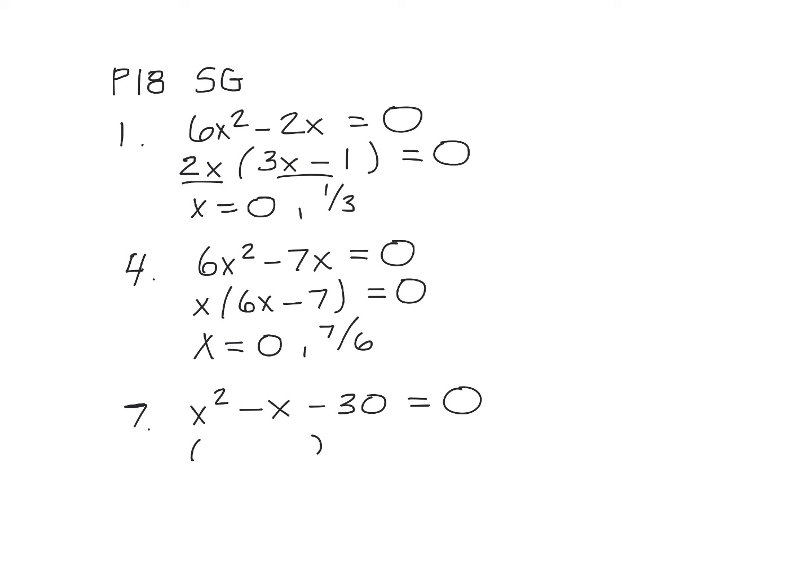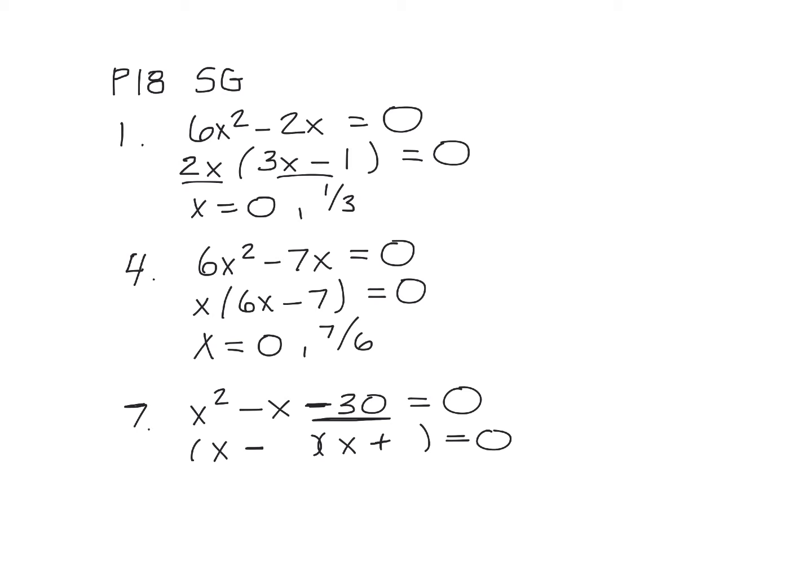I'm going to make my two sets of parentheses. Since I've got x squared, I need to have x and x. And then I'm looking at a negative 30. So the negative tells me I'm going to have one negative sign and one positive. Since I only have the x and the x being the same thing, I can plug those in.